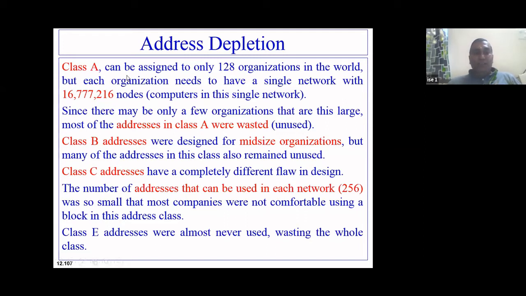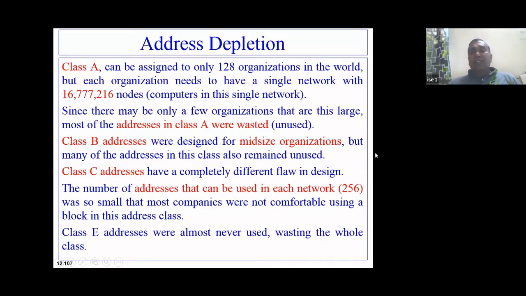So you can see this address fell short to give individual addresses to the number of hosts that were increasing. And no organization, 128 organizations, can be this big to accommodate these 16 crore systems in their organizations. So generally, most of the addresses in A class were wasted, unused.